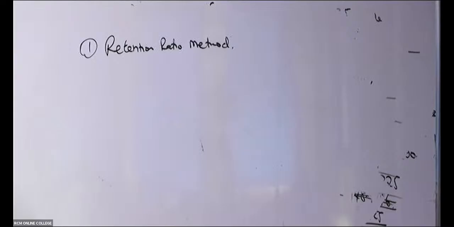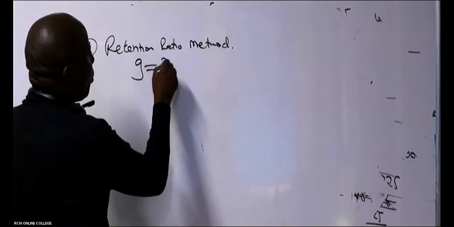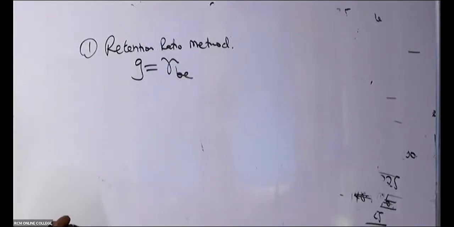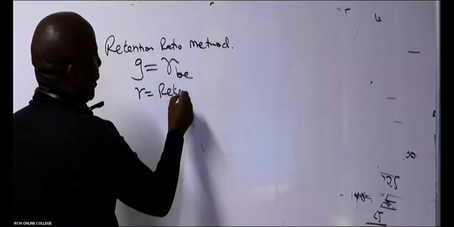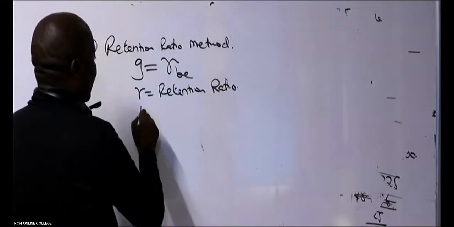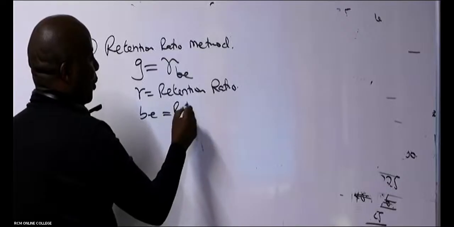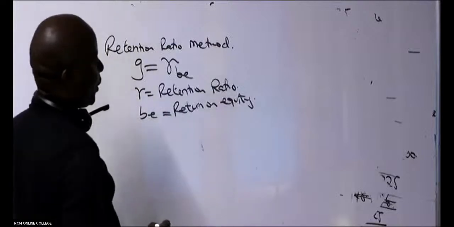Under the retention ratio method, we basically say G equals RBE, where R is the retention ratio and BE is the return on equity.